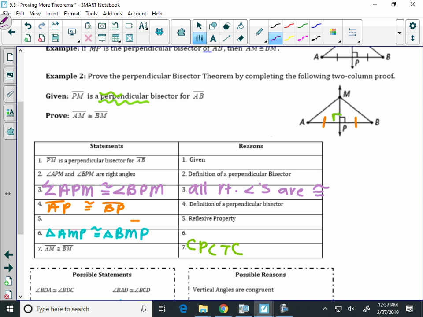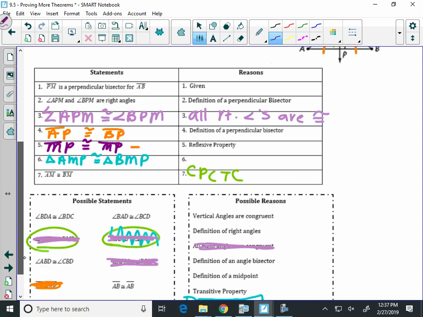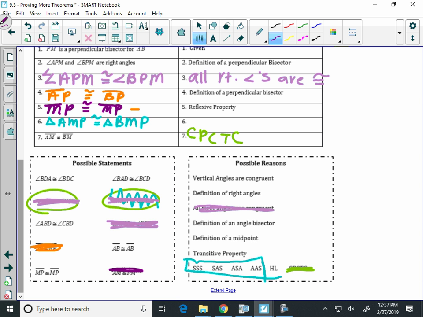So that is the side that is congruent to itself. So I'm going to mark it, and then I'm going to say MP is congruent to MP. Oh no, sorry, that one. They threw that in there to throw you off. AB is not the shared side. Make sure you pay attention, because they might throw ones in there to throw you off.